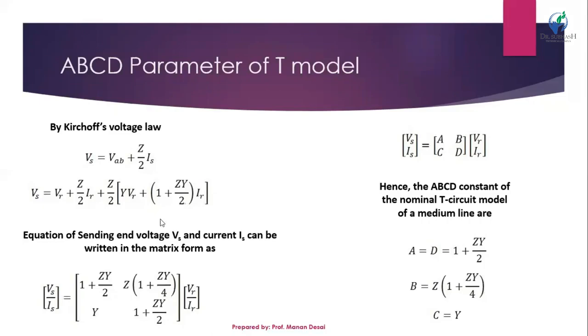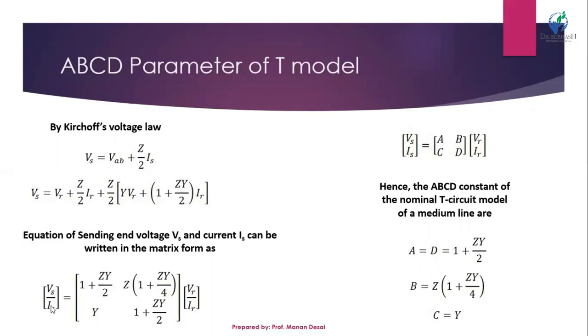Then the IR terms are merged, and we derive Z (1 plus ZY by 4), since Z by 2 is multiplied by ZY by 2, giving ZY by 4. This is the second IR value.